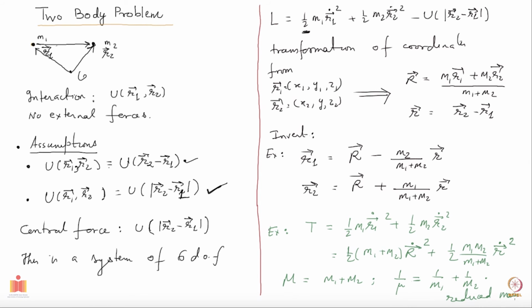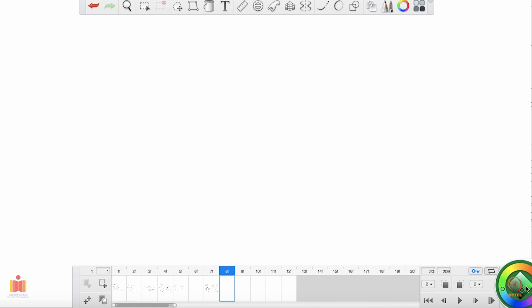So with this, what is our Lagrangian now? Our Lagrangian looks like the following. My Lagrangian is now half M R dot square.